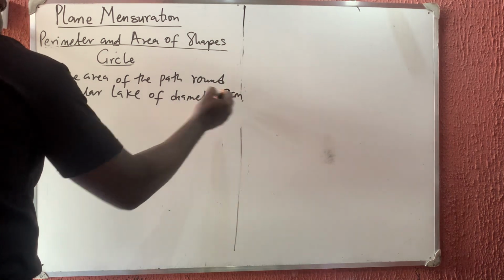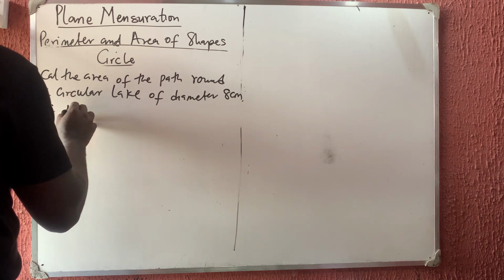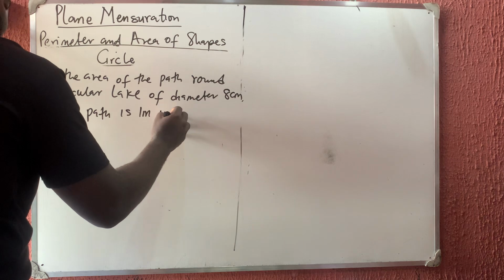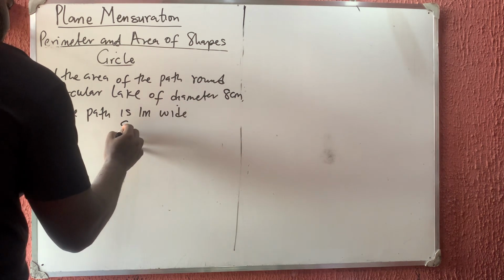Okay, comma. They say that if the path is 1 meter wide. Okay, solution.